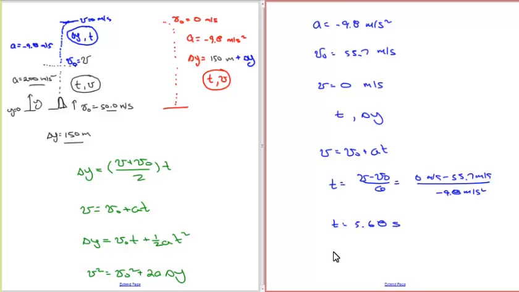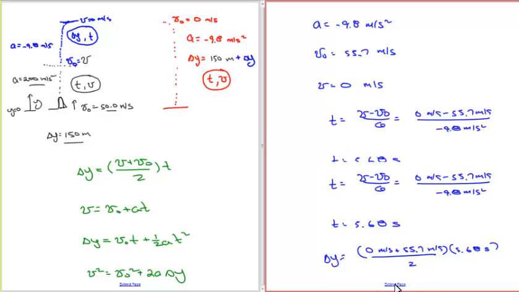Now, we can use the first equation to calculate delta Y. And so delta Y is equal to V, which is 0, plus V0, which is 55.7, divided by 2, times the time, which is 5.68 seconds.